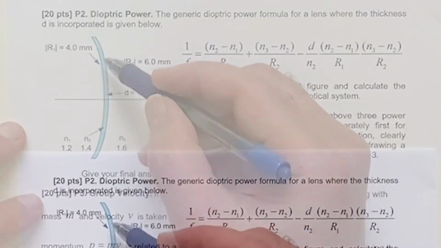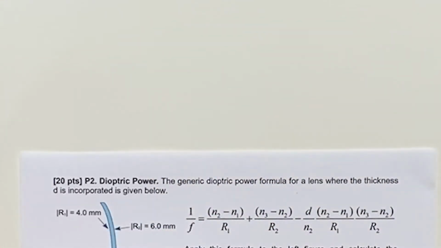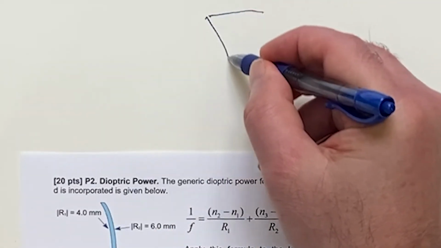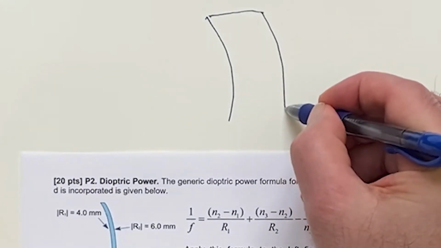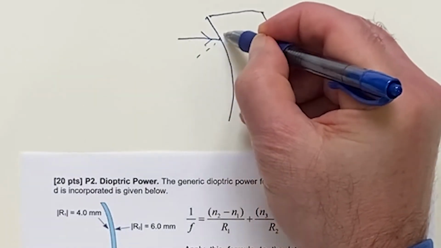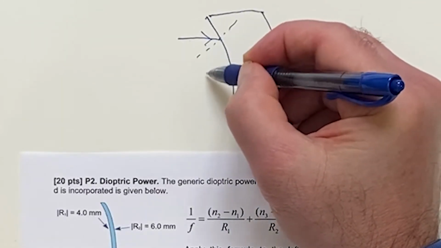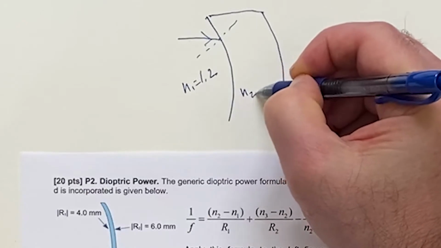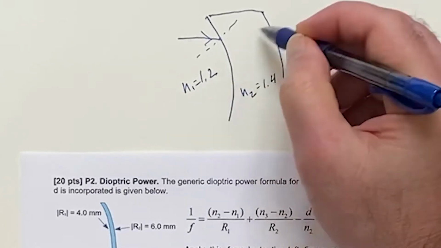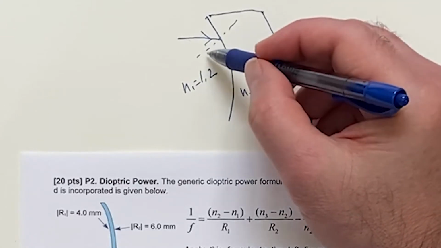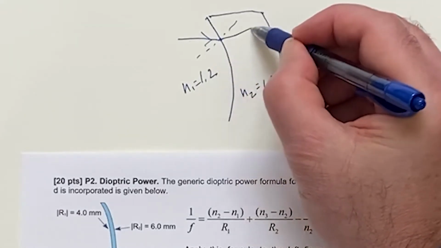So what I did first off is I look at, say, an enlarged version of this, and if I'm going here, and this is a normal, and this is 1.2 N, and this is 1.4. So if I'm going to a more optically dense material like air to glass, I know I bend toward the normal.